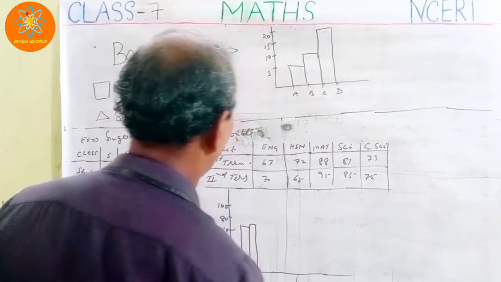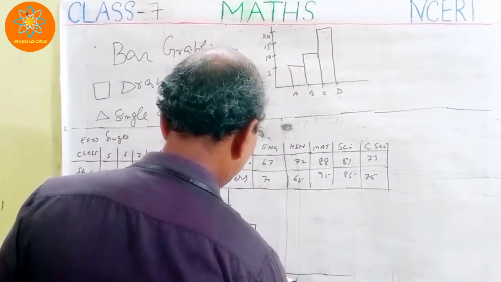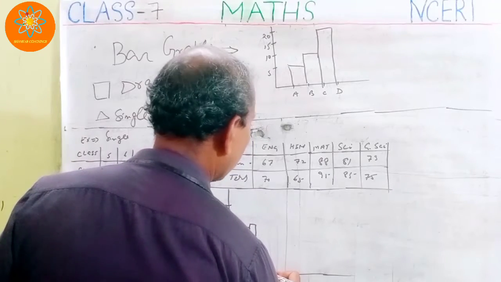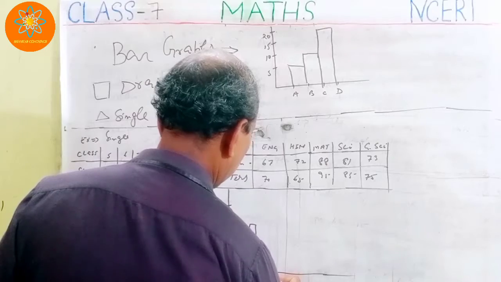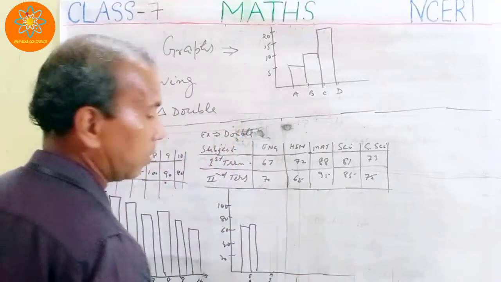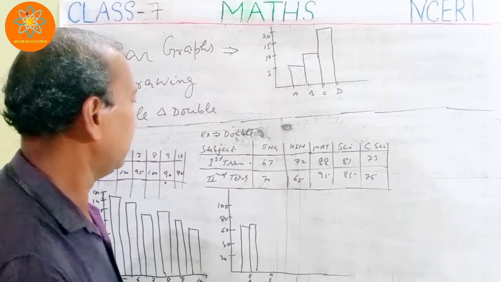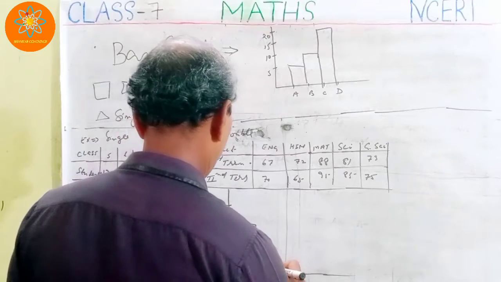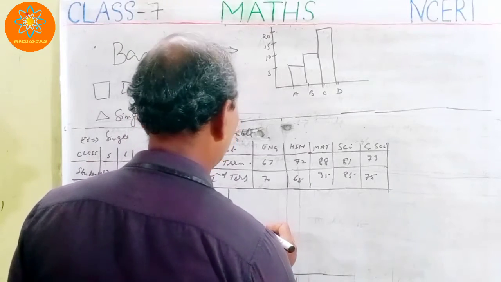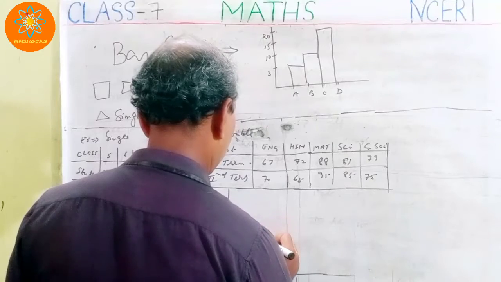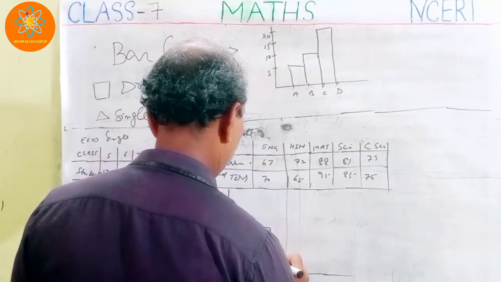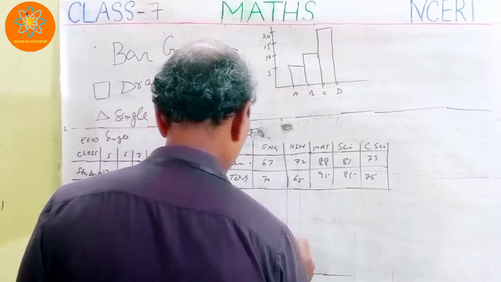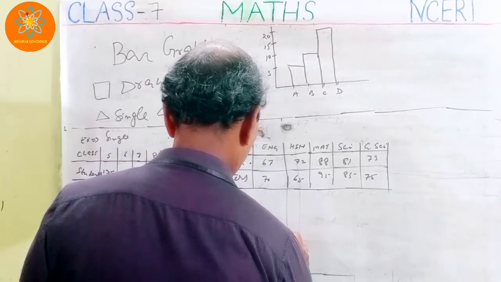Now the next one is Hindi. For Hindi it is how much? 72 and 65.